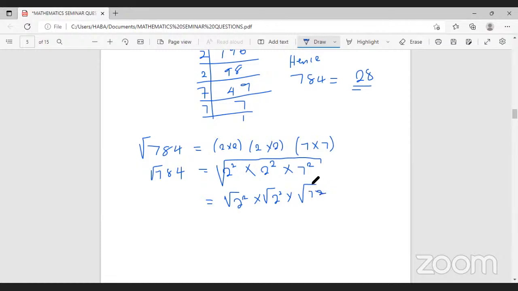So the square will cancel with the root, each of them. Then we remain with 2 times 2 times 7, which gives us 28. So I think that would be the most appropriate way to do that.